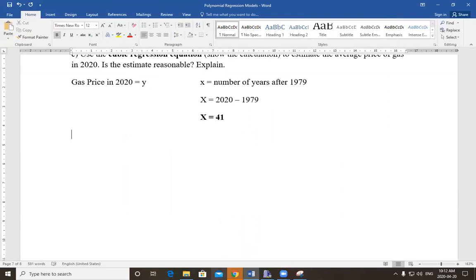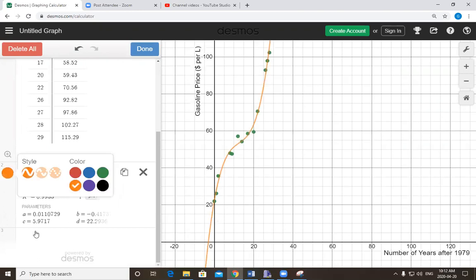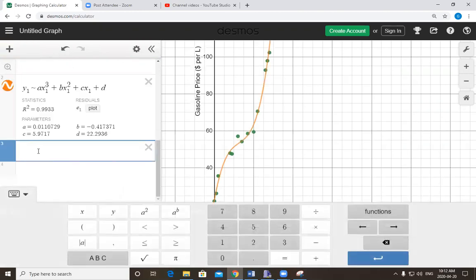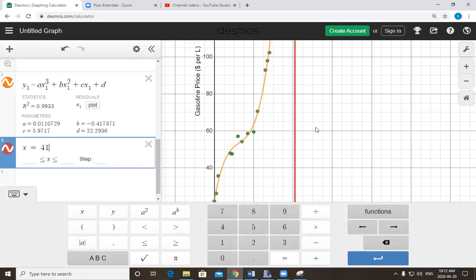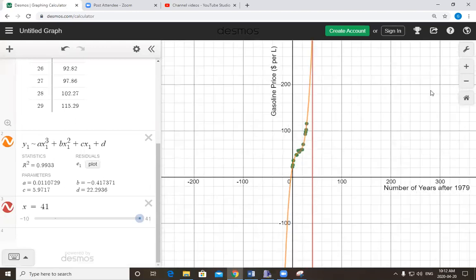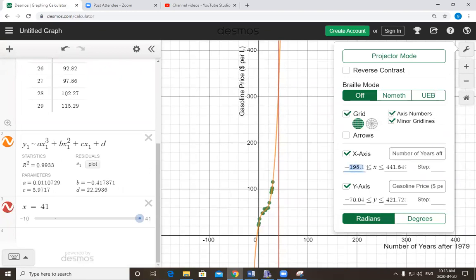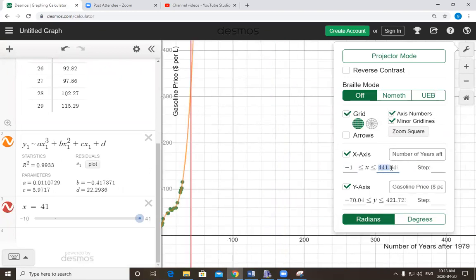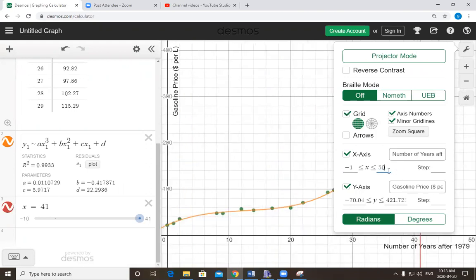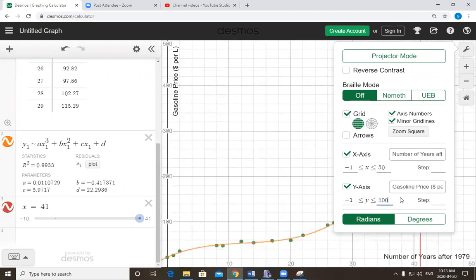So we'll go to our model. Oops, I'm going to change the color of that. Okay, and so x equals 41. And it's off our chart, so we'll zoom out. So we'll scale our graph. We'll say x goes from -1 to 50, makes it a bit better, and y-axis goes from -1 to 500.